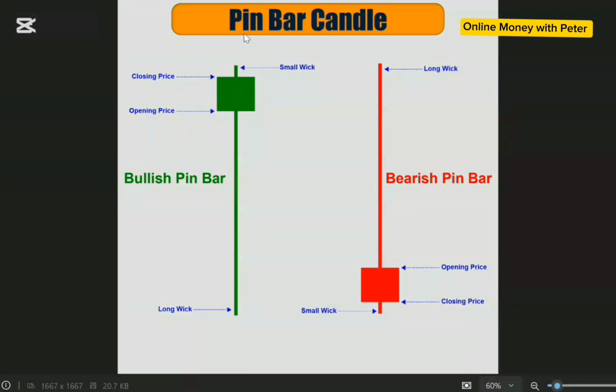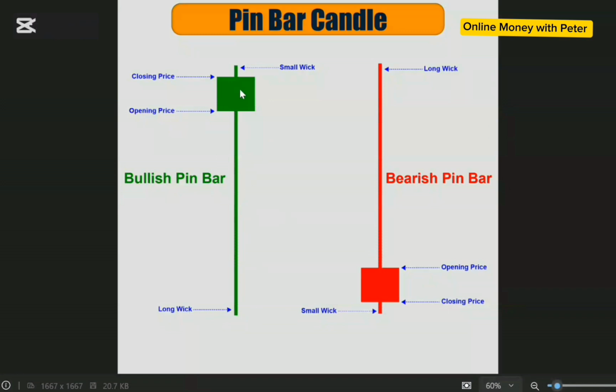It's the same with the bullish pin bar. The price opens at this level and then closes at this price here. And this is a wick here, the small upper wick, and this is a long wick here.